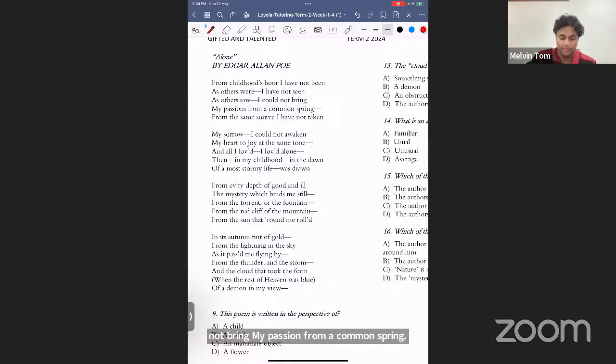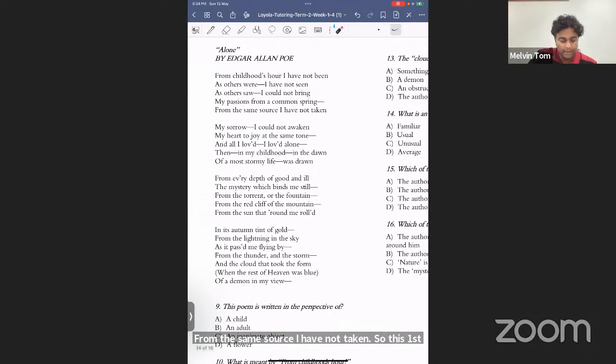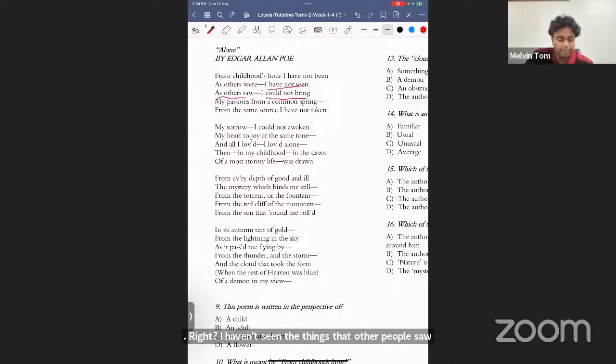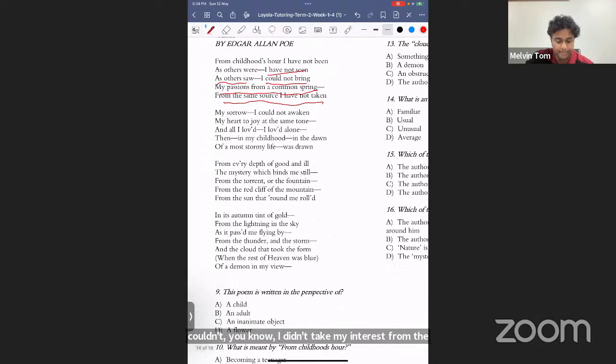So this first paragraph, he's telling us, ever since I was a child, I have not been as others were. I haven't seen the things that other people saw. I couldn't be excited about the same things as others. I didn't take my interest from the same place as others.